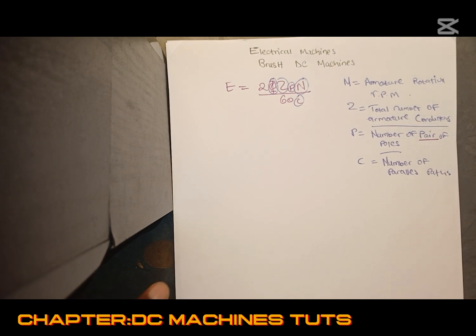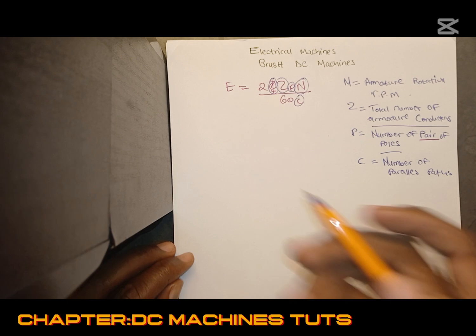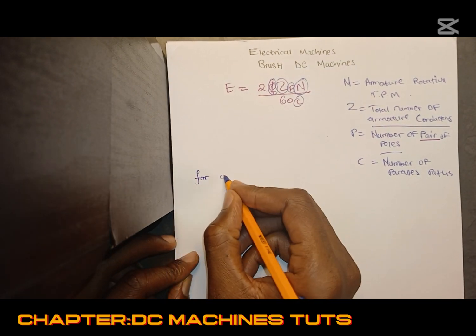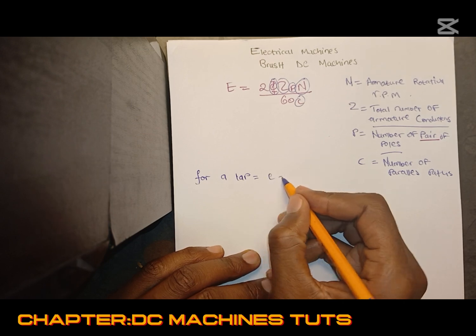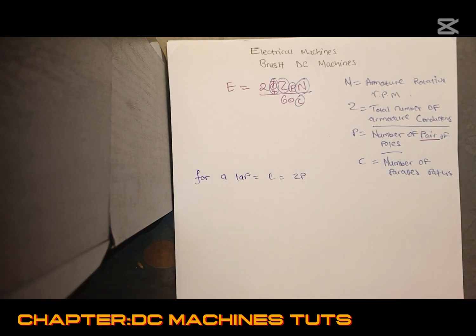Right, so as things stand, we're going to talk about the lap and wave, right? So for a lap, C is equal to 2P.